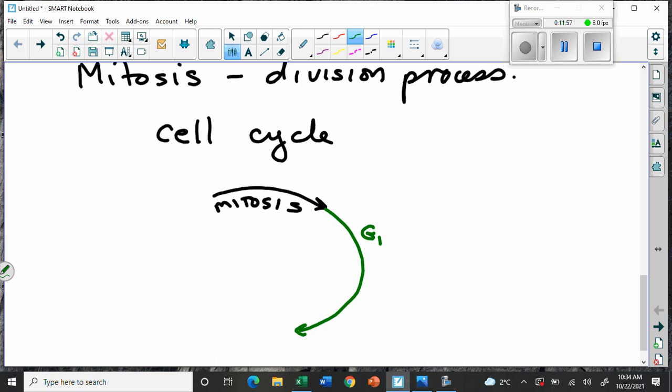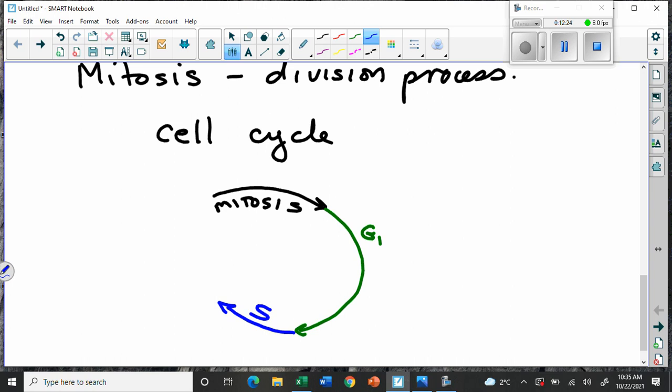Then the cells have now grown, they're nearly full grown, and they're doing their jobs, whatever their jobs might be. If they're a liver cell, they're breaking down toxins or doing all kinds of things inside the body. Or if they're a single cell, all the jobs of life are being performed. And then they go into a phase where they begin to replicate.